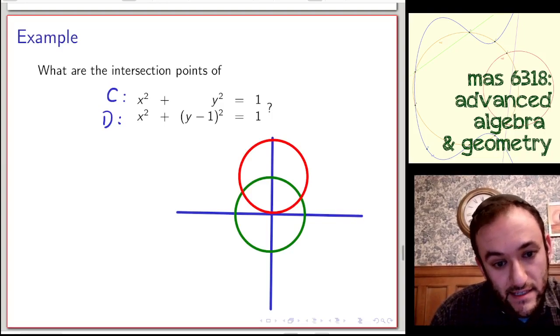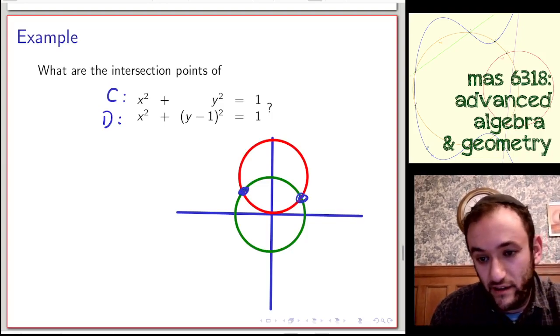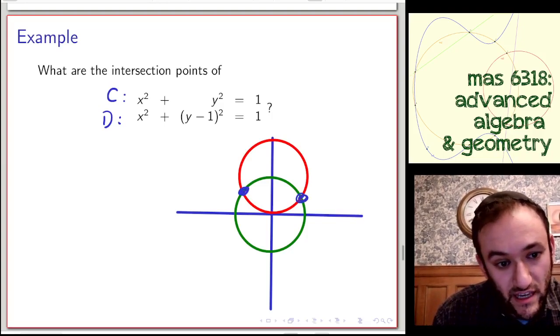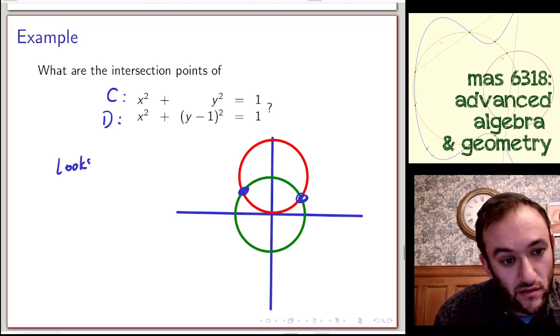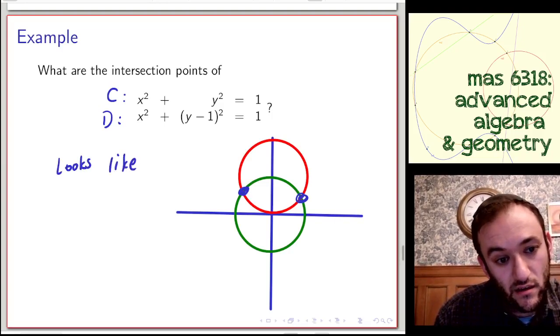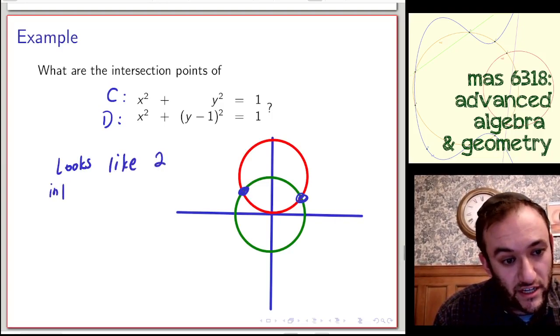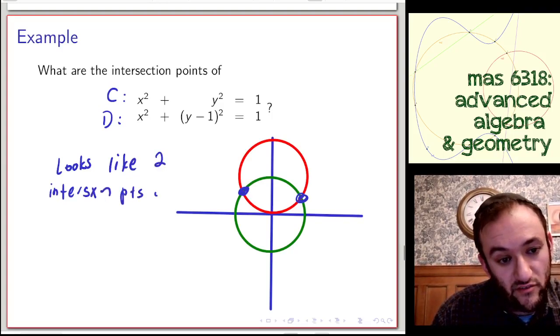Well, we can see right away we have at least 2, and they don't appear to be tangent. So it looks like we have 2 intersection points of multiplicity 1.